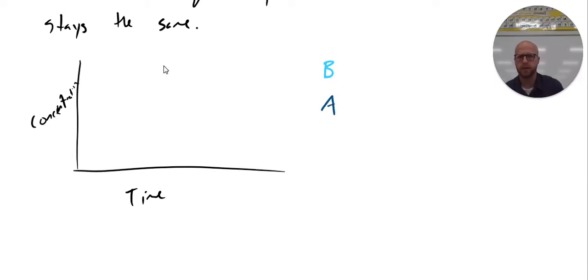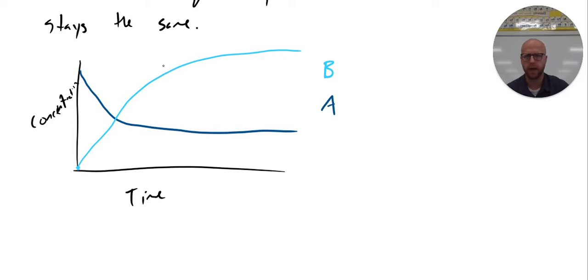So say we start with some A, and what we see is the concentration starts to drop, and it starts to level out eventually. And for B, if it's your product, say you have none initially. Sometimes you can start with products, though, and still reach equilibrium.